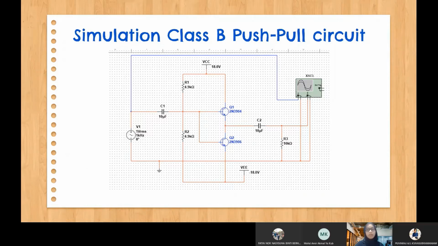That is because the emitter is connected to the ground. That ground only has 0 volt. That is why the base has a lower value. So it is pulling current from the load from negative 18 VEE to produce the output. That is why it is called a push-pull amplifier.